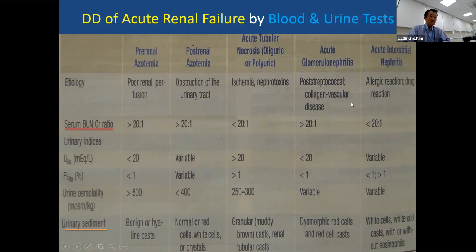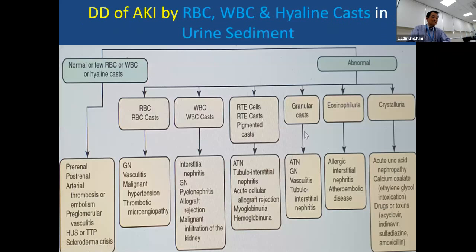Again, in this differential diagnosis of acute renal damage, if there are normal or few red cells, white cells, or hyaline casts, you go through this kind of differential.